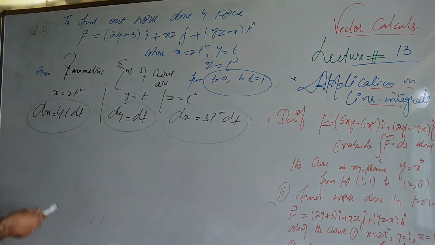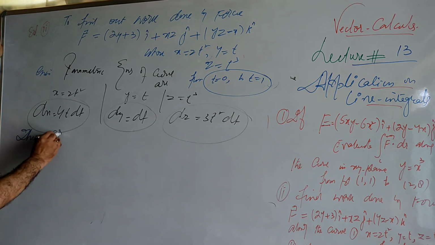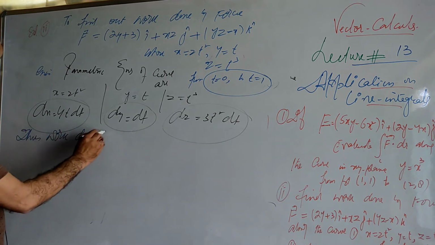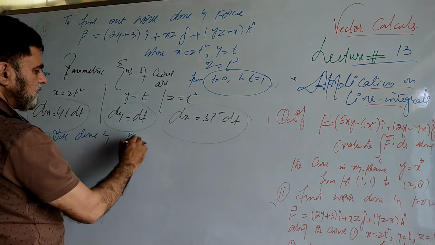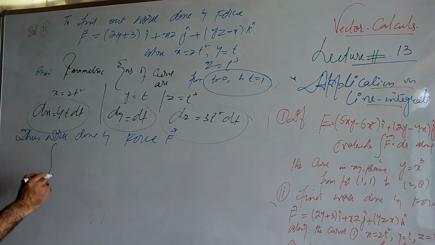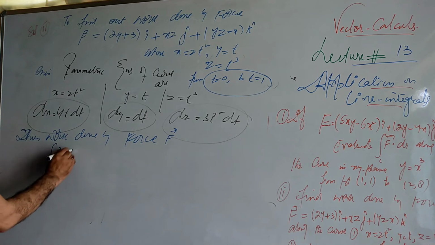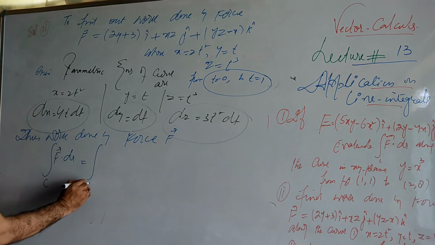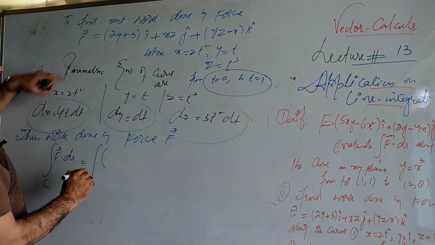Therefore, your integral is now work done by the force. Thus, work done by force F is what? It is integral over the curve C, F dot dr. What is your F now?